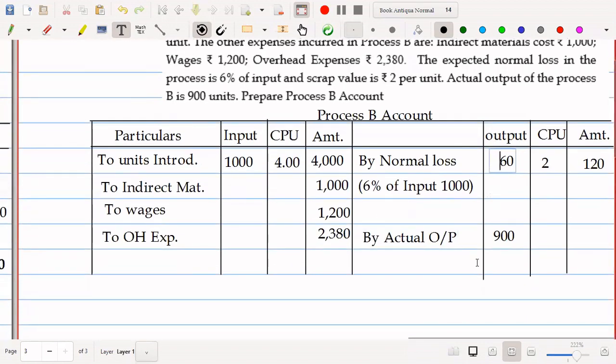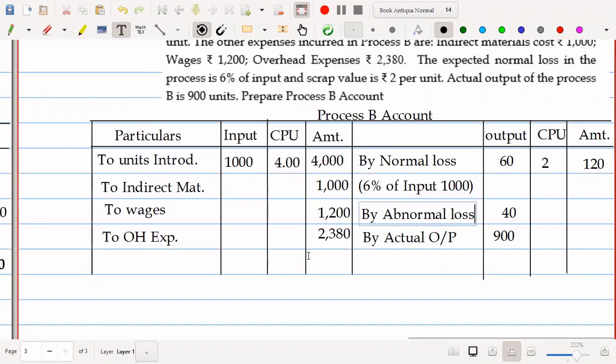Here it shows 1000, here it shows 960. What is this balancing? 40 units are abnormal loss. Actually we have to write the formula first, but we can just make out the difference here. The difference will be the abnormal loss or gain.